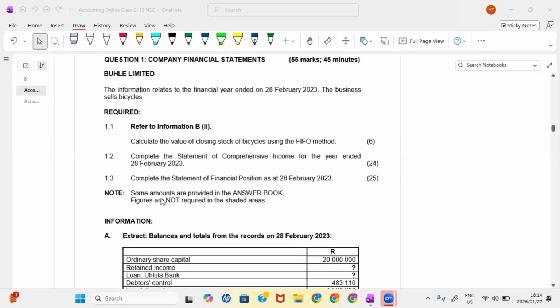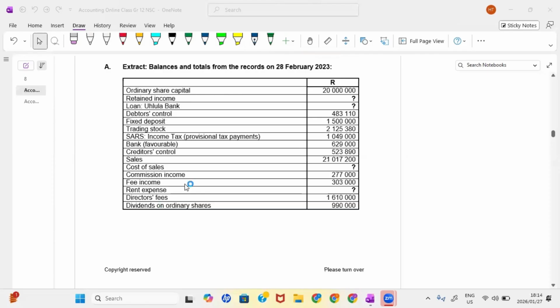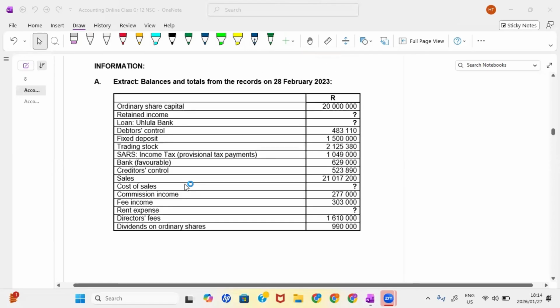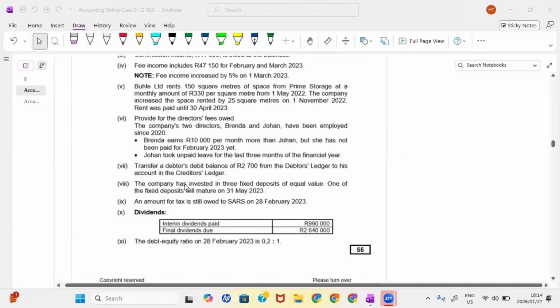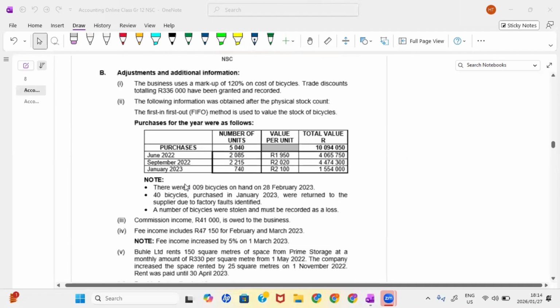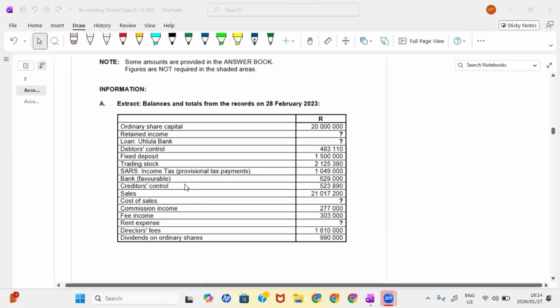We are not going to be doing these questions, as you can see, the required here. The exercise is basically within information A as well as information B. I will be asking you some questions based off of what we have discussed so far.